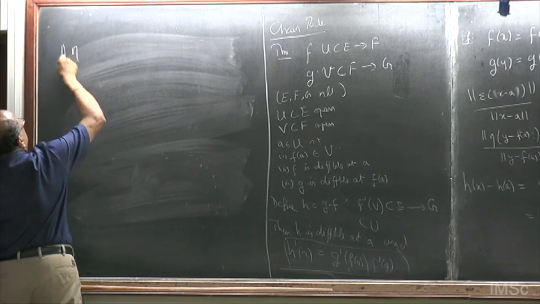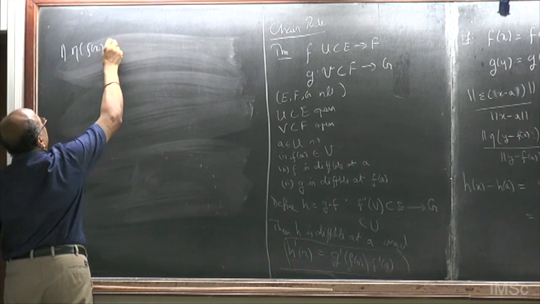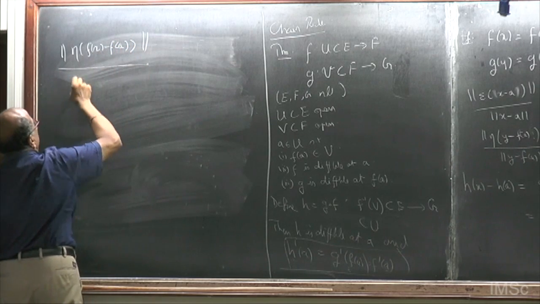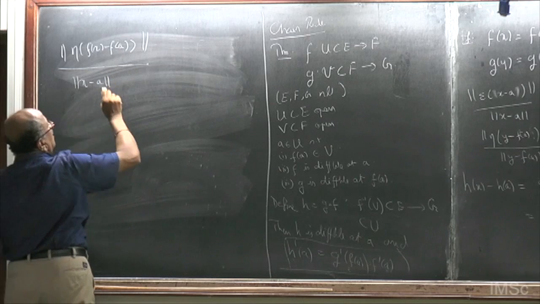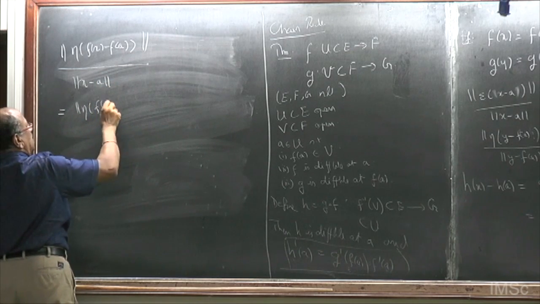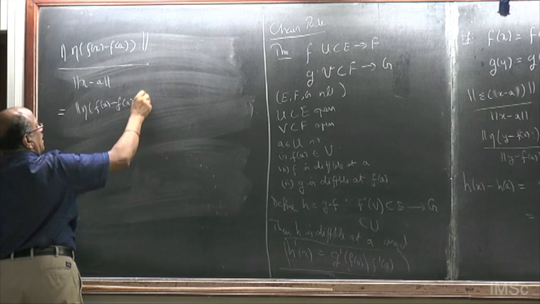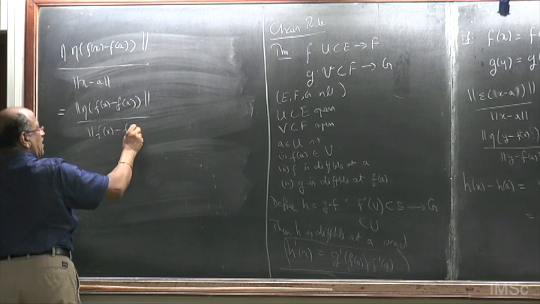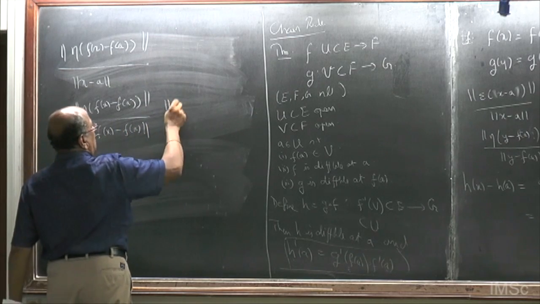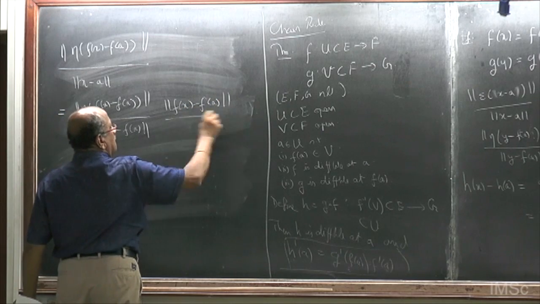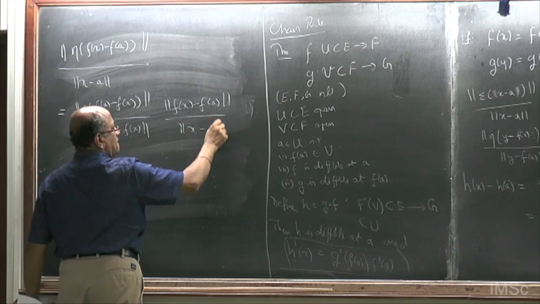So, let us try to see that. Norm of eta of f of x minus f of a by norm of x minus a, of course, I will write as norm of eta of f of x minus f of a by norm of f of x minus f of a, into norm of f of x minus f of a by norm of x minus a.